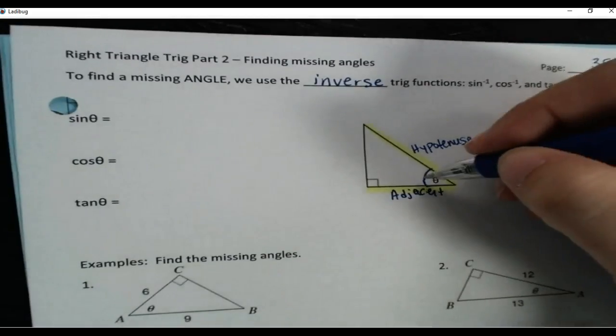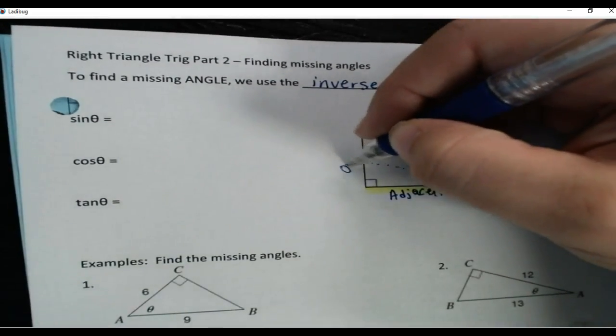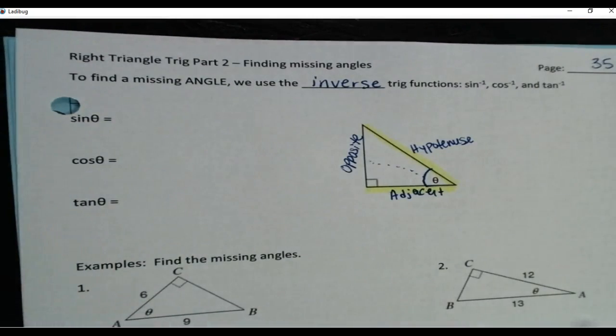And then across from our angle, never highlighted, is the opposite. So same thing as yesterday. Any questions on that part?